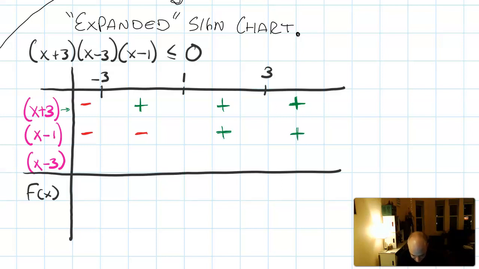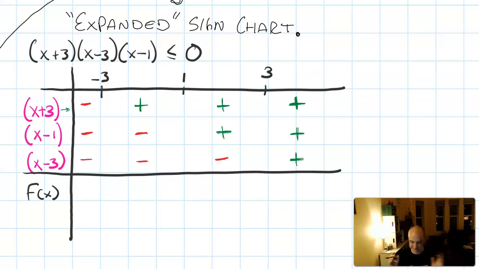And then x minus 3, well, negative minus 3 is still negative. 1 minus 3 still negative. 2.5 minus 3 is still negative, but as soon as you jump past 3, over to 3.5 minus 3, now that factor turns positive.